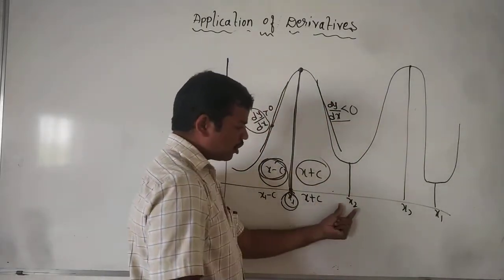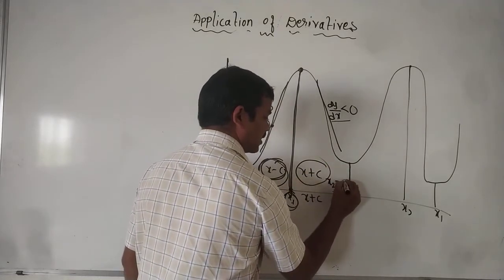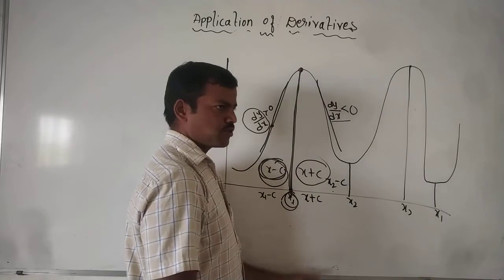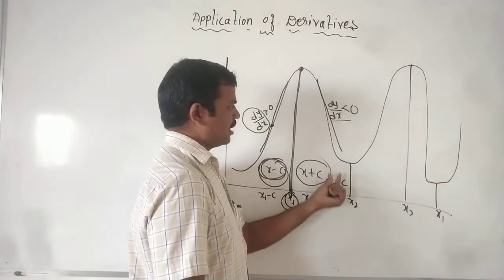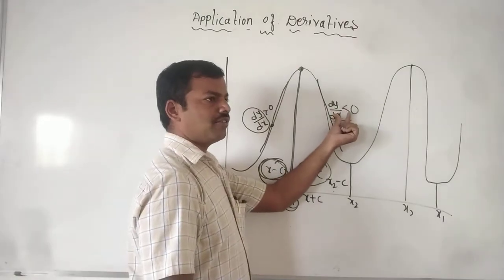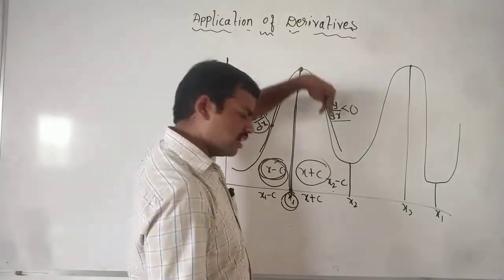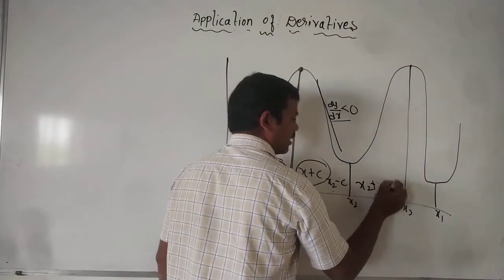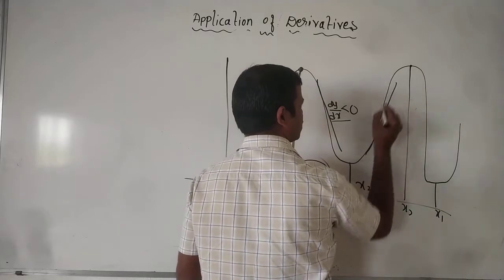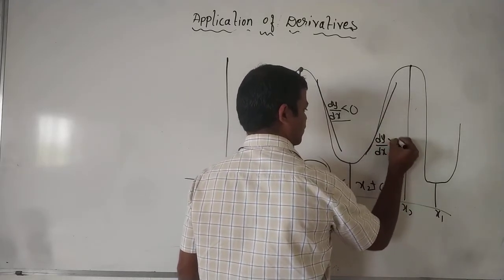To the left of that point, that is x2 minus c, the left of x2, if the first derivative is negative, the function decreases. Next, at x2 plus c, the first derivative dy by dx is greater than 0.